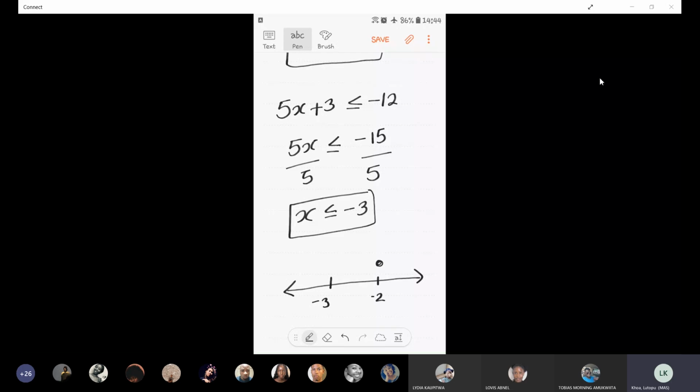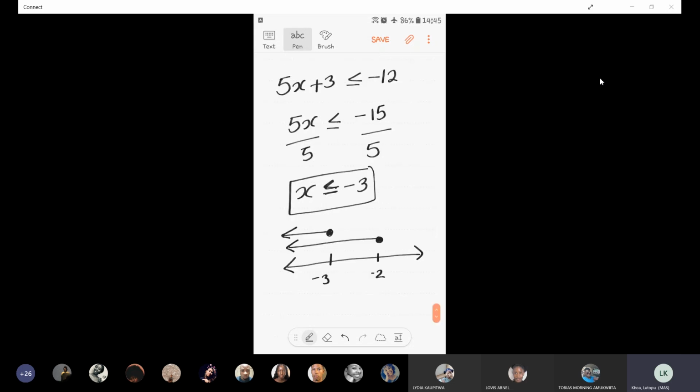So I have a circle that is shaded because it can be equal to negative 2. Then I'm going in that direction because that is where the numbers that are less than negative 2 are. And then at negative 3, my circle is also shaded because I have less than or equal to. And I want the numbers less than, they're on the left.